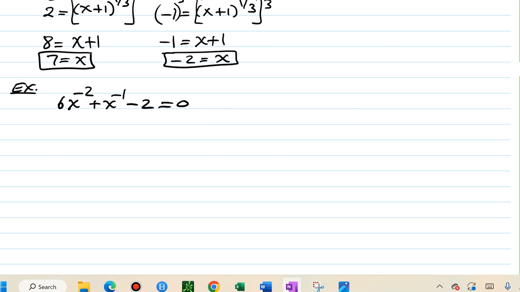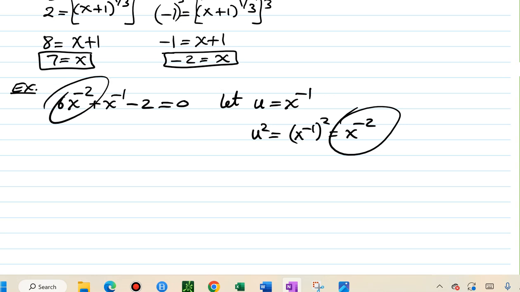Now for this one, again, I'm going to let u be the middle term, the variable in the middle. Now, if this was like 5x^(-1), you don't need to let u be 5x^(-1), only the variable portion. And if that's the case, when you square u, you'll be squaring x^(-1) by the power rule of exponents. That's x^(-2).